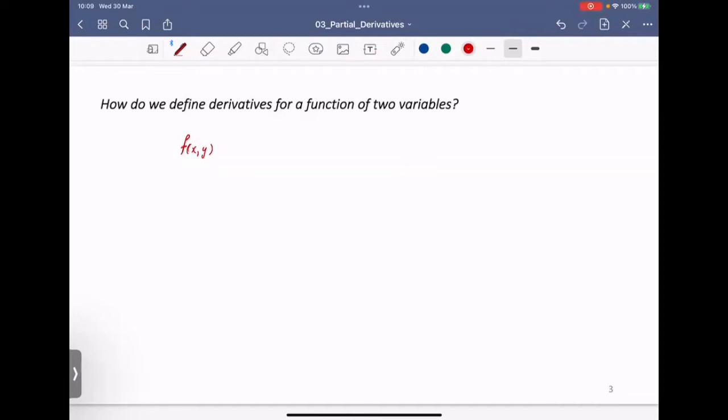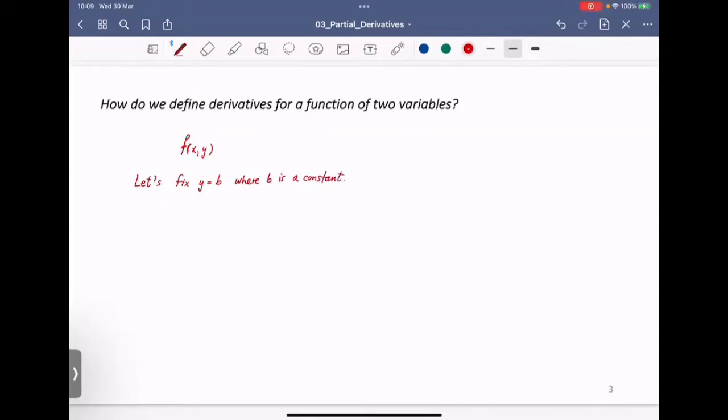If you want to do the partial derivative with respect to x, you have to fix y to be constant. So let's start by fixing y equal to b, where b is a constant.